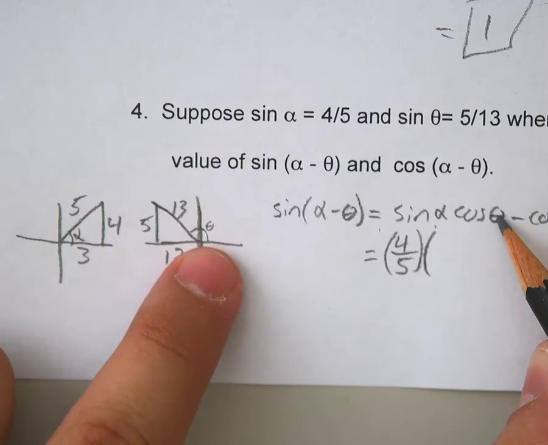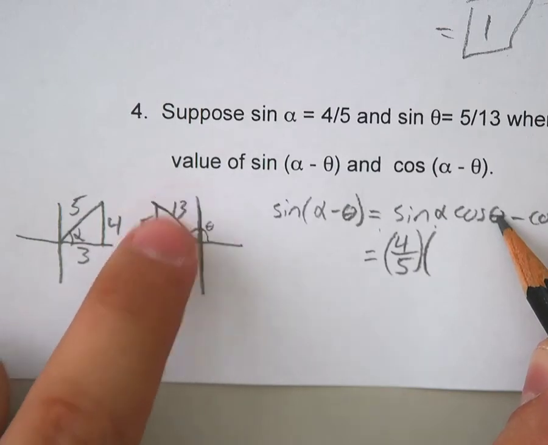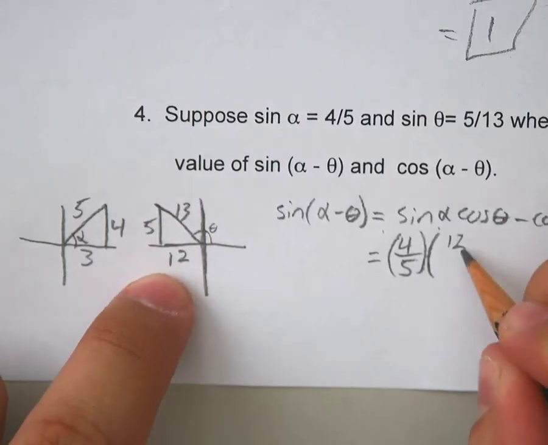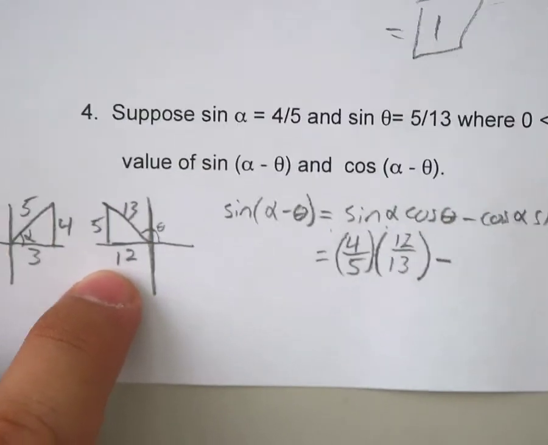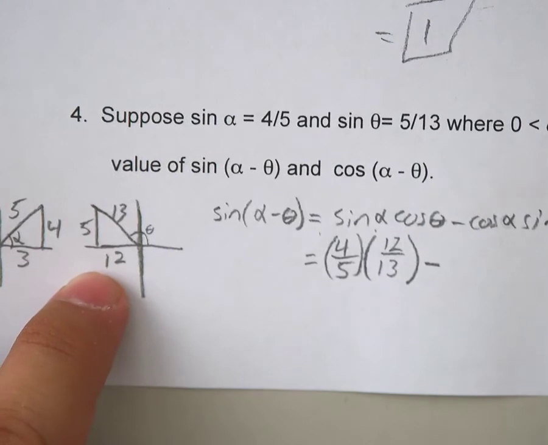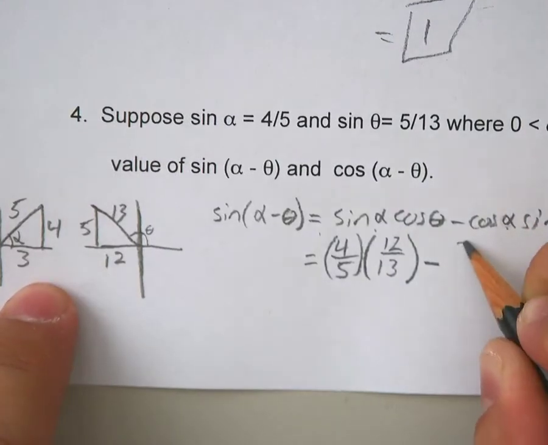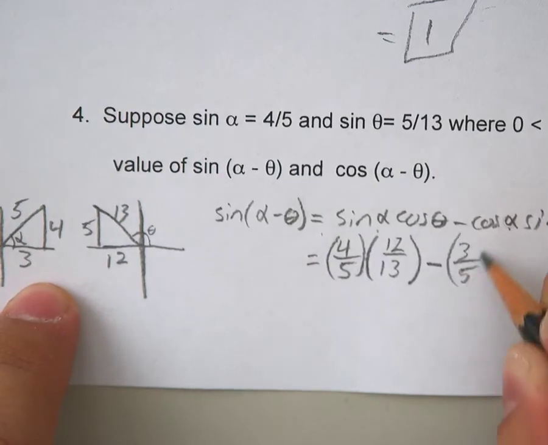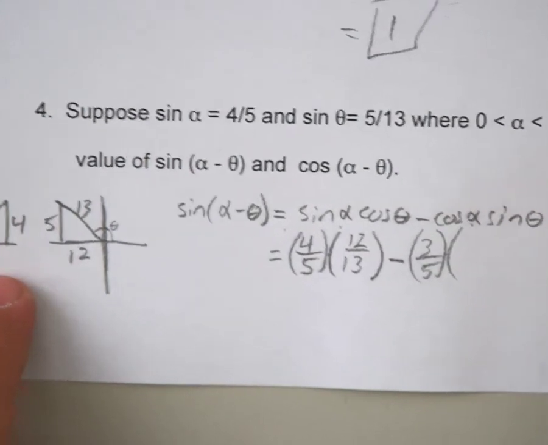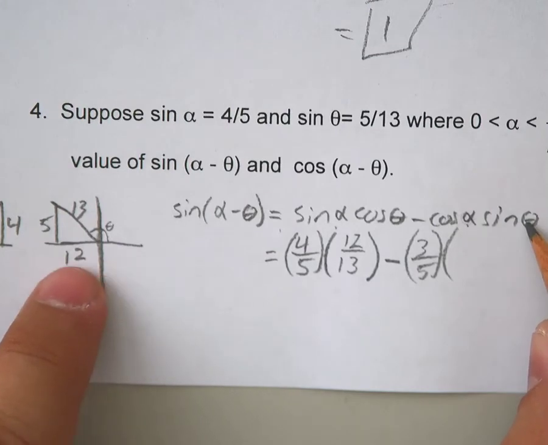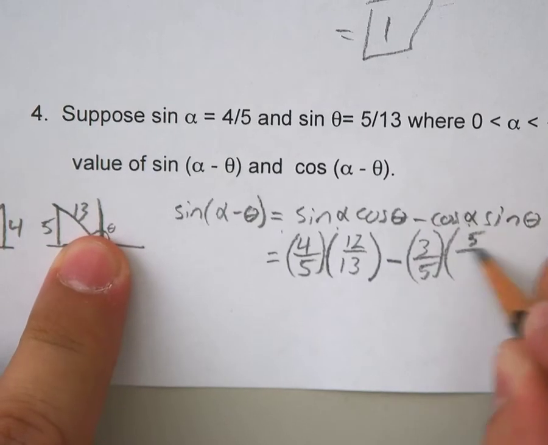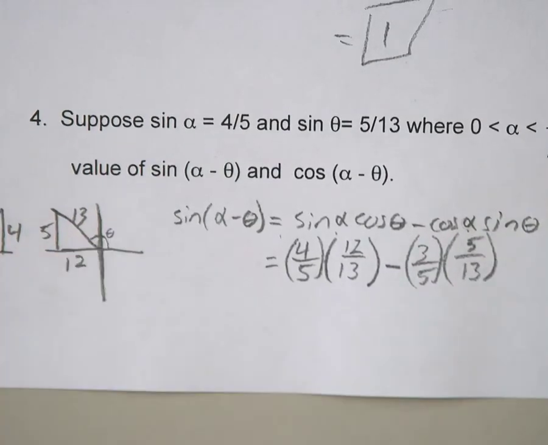What's the cosine of theta? X over r, 12/13. Minus, go to alpha. What's the cosine of alpha? 3/5. Go to theta. What's the sine of theta? Sine is y over r, 5/13.